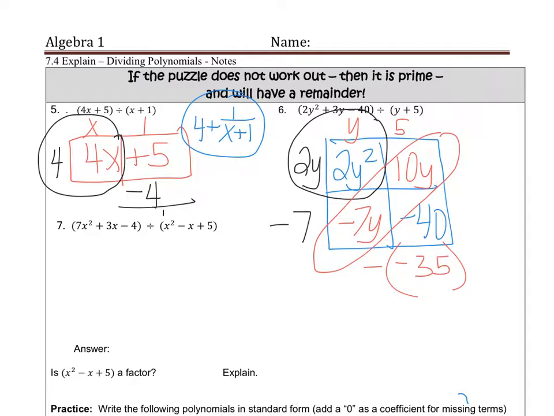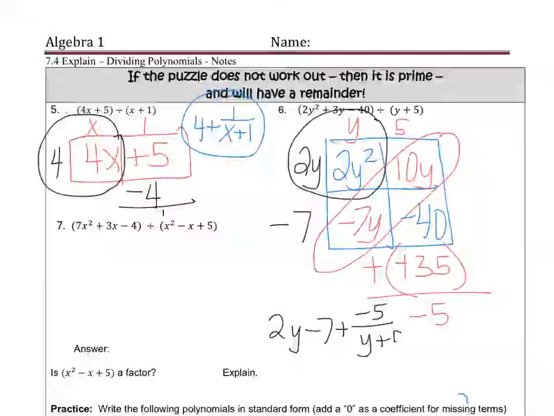So a minus negative becomes a plus, so we'll just change those to pluses. Negative 40 plus 35 is negative 5. That's my remainder. So my answer to this is 2y minus 7 plus my remainder of negative 5 over my divisor, y plus 5. And that guy is my answer.